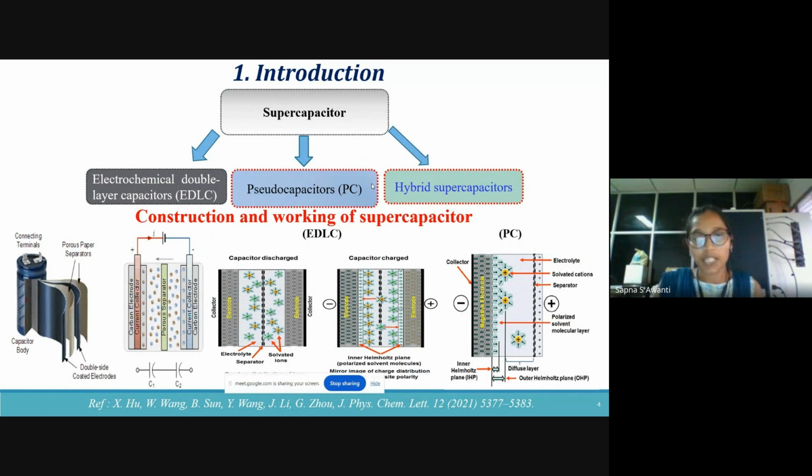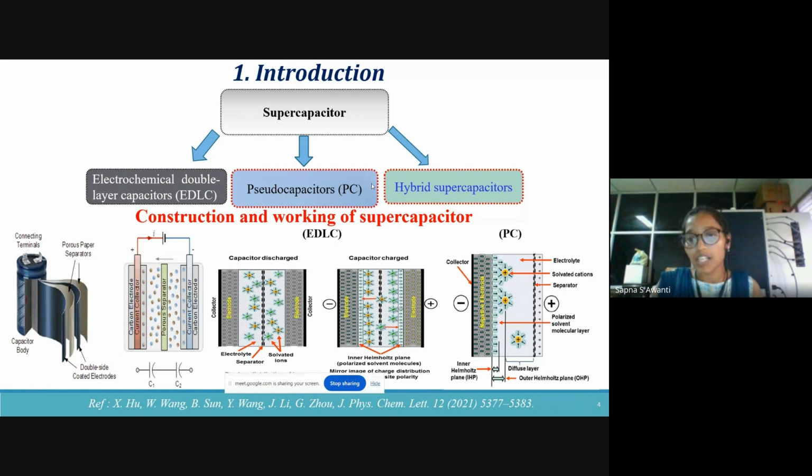In an EDLC supercapacitor, we use carbon-based materials as the electrodes. And in EDLC, there is a non-faradaic process, which means no chemical reaction takes place between the electrolyte and the electrode. In the other case, the pseudocapacitor, we use conductive polymer based materials and metal oxides as electrode materials.